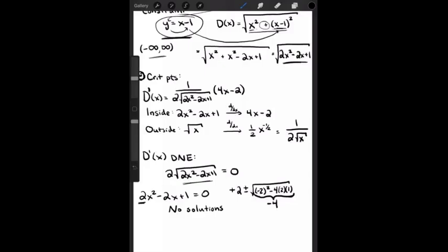And if that discriminant is negative, then we know that the equation is not going to have any solutions. So this function never doesn't exist, so that's nice.